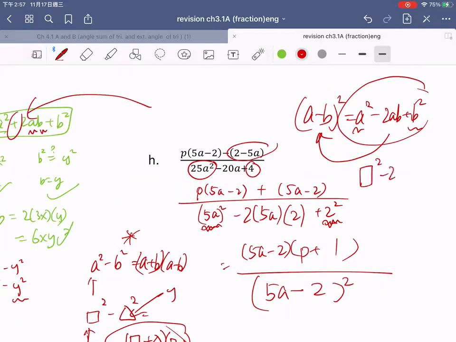Something squared, minus 2 times that thing and another thing, plus this. The rectangle is 5a, and the triangle is 2.